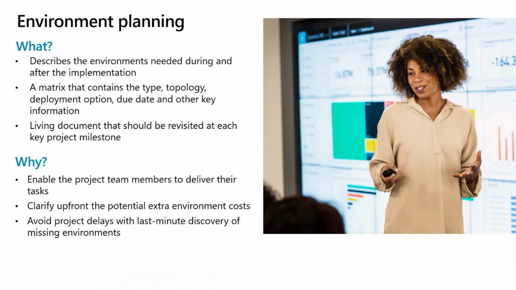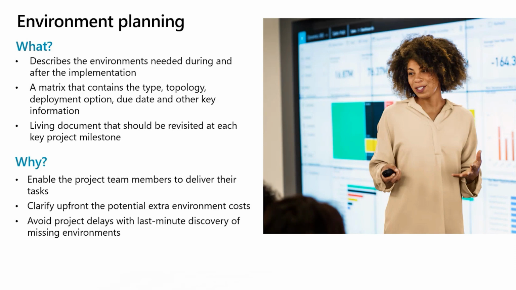Why do you need to plan your environment? Environment planning is needed so that it can enable the project team members to deliver their tasks. It provides you with clarity. It clarifies upfront the potential extra environment costs. It also avoids project delays from the last minute discovery of missing environments.